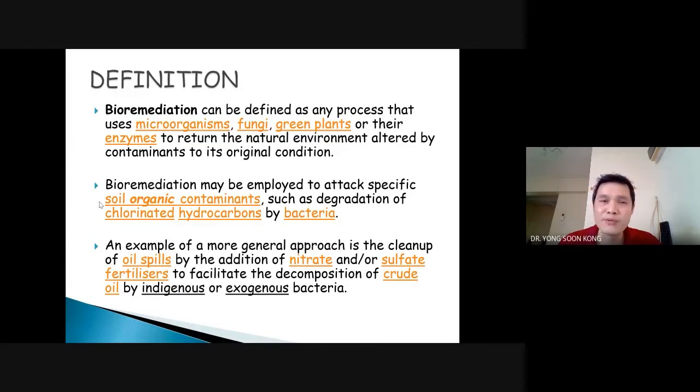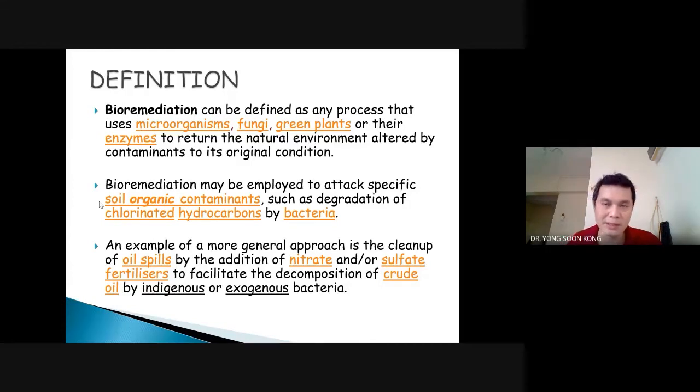So let's say before this, they were killed by a certain antibiotic, but today they aren't, because when they were killed, at the same time, the surviving bacteria or microorganisms may change their DNA in a way that they can adapt. So this is how a good bacteria for bioremediation is developed.